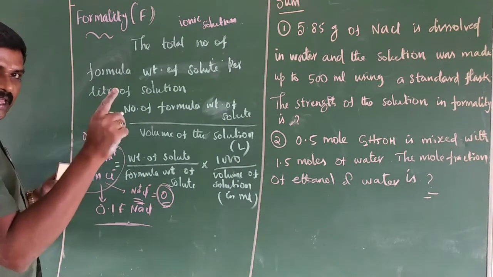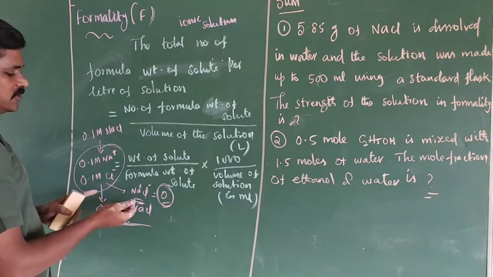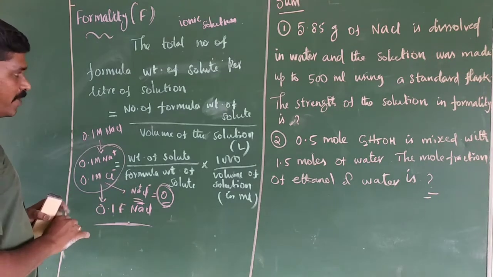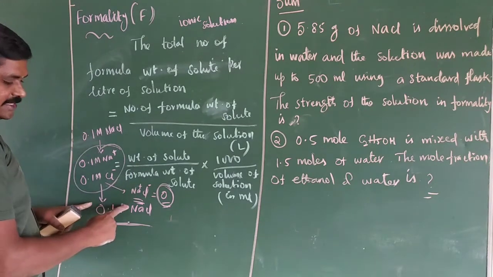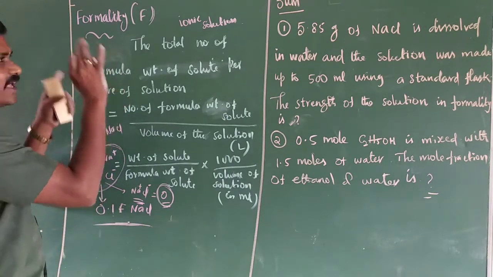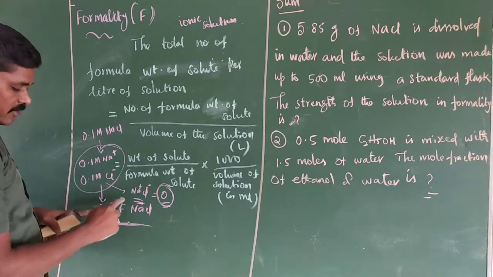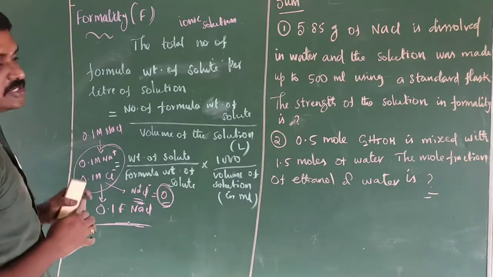The molarity depends upon the concentration of the particular chemical species in solution, but the formality does not record the particular species. It depends upon the formula weight only. So 0.1 formula weight of NaCl is present in this solution.